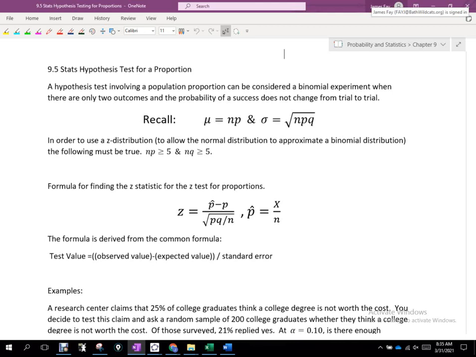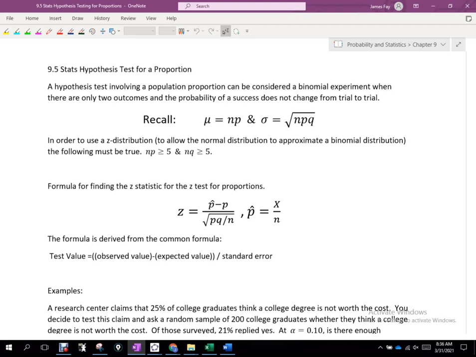In order to use the z distribution, so that the binomial distribution is approximated by the normal distribution, we need the following things to be true. We need the sample size times the probability of a success, or the proportion that is aligned with what we're interested in, to be greater than or equal to 5.